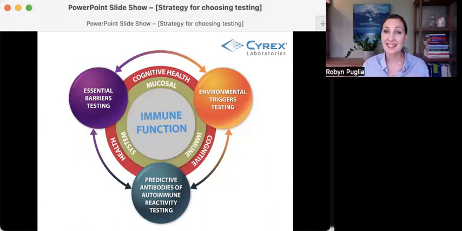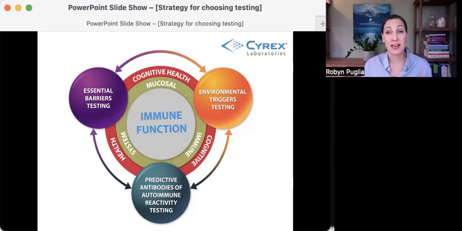Cyrex has tests available in their suite of antibody arrays that look at the essential barriers. We have tests that look at the blood-brain barrier and also the gut barrier in a lot of detail. We have tests that look at antibodies, so autoantibodies, and this will help us answer the question, is it autoimmune, and where is the autoimmunity?